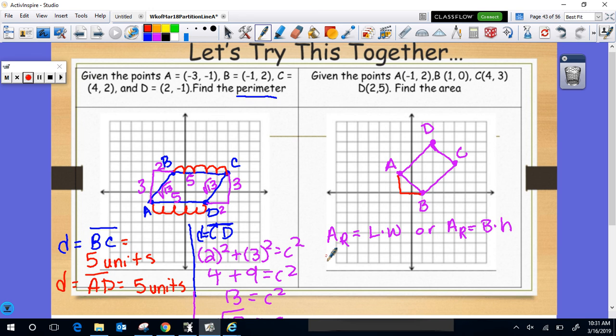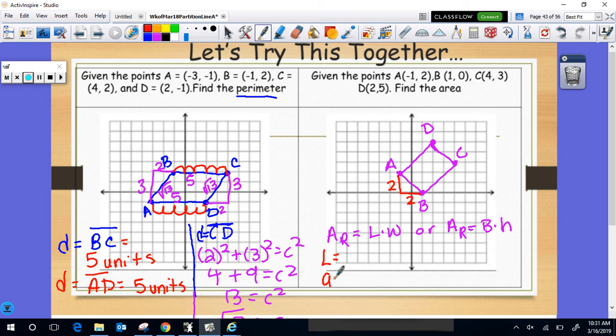I'm going to use the length times width formula because I just like that one. You can use the other one if you want to. To get my length, I'm going to use the Pythagorean theorem. So 2 and 2 is what this side would be. Let me write this under here so you don't get confused.